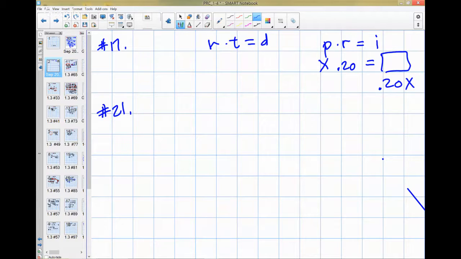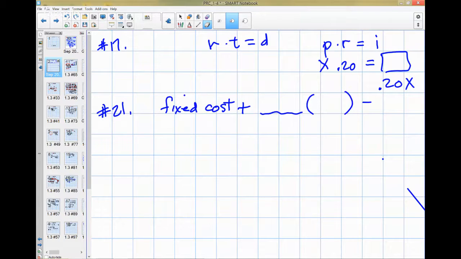So what we've got here is fixed cost plus, let me just write it out, the cost per unit times how many units I have. That gives you the total cost.